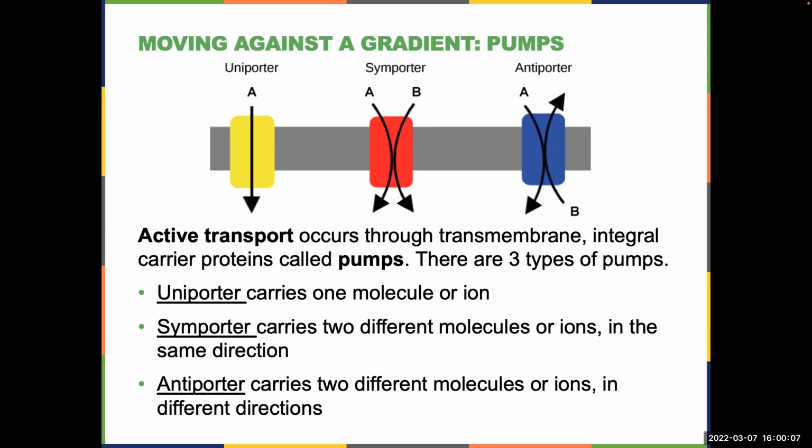A symporter, on the other hand, you have two different molecules or ions, and they're going in the same direction. So taking two different substances and bringing them inside. Or you can have an antiporter where you have one substance coming in and another substance going out, so going in opposite directions.